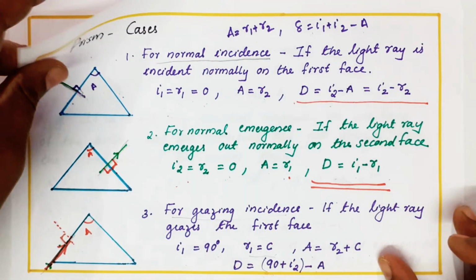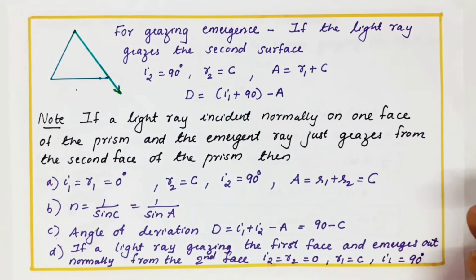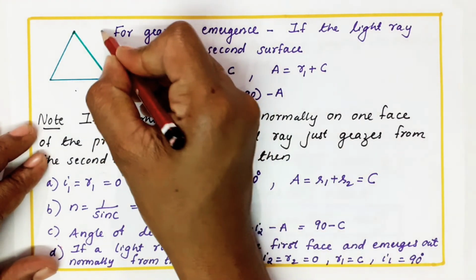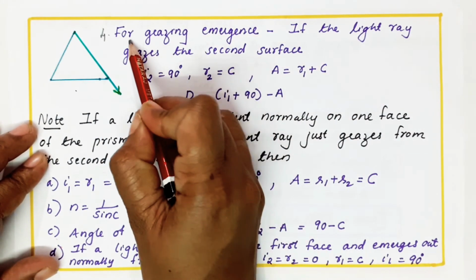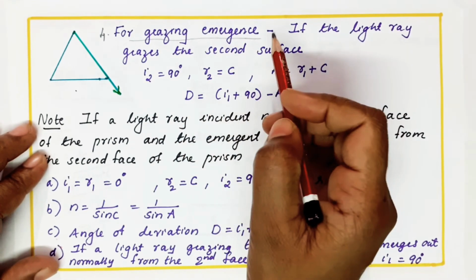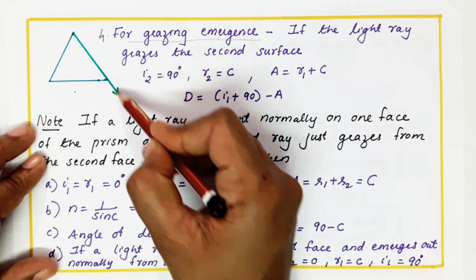Fourth case is grazing emergence. Grazing emergence means the emergent ray grazes along the surface.